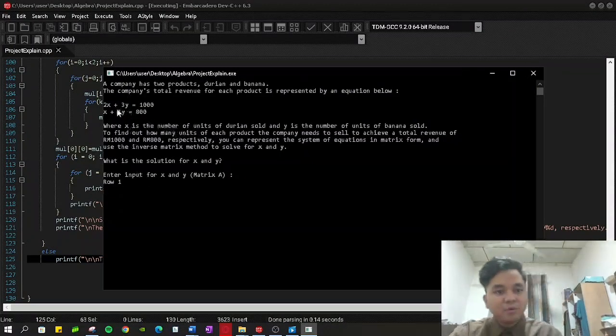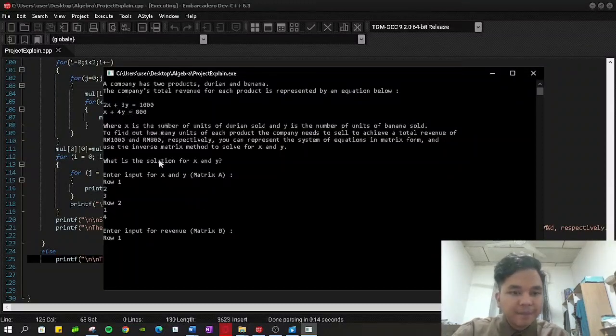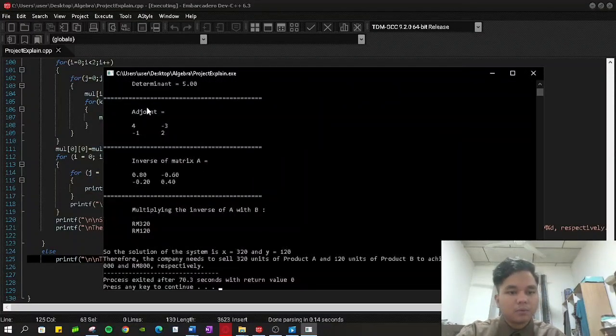Okay, so this is the input for matrix A, x and y. First we need to enter 2 and 3, and for row 2, 1 and 4. Okay, this is for matrix A. Matrix B is 1000 for row 1 and 800 for row 2.